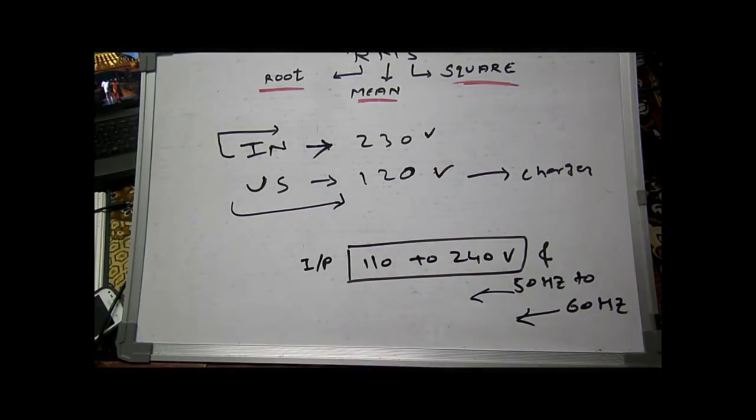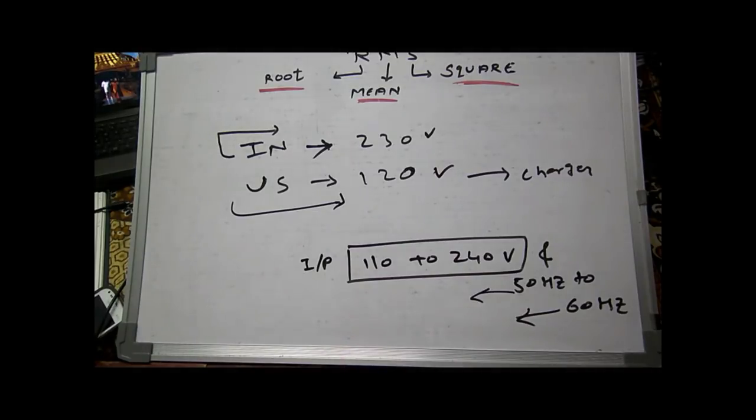In this video we saw the concepts related to AC: the difference between DC and AC, what frequency is, how voltage and current are mathematically represented in AC, and the basic concepts of peak voltage, peak to peak voltage, RMS voltage and RMS current, and average voltage and average current.